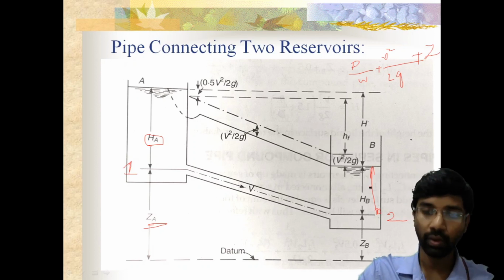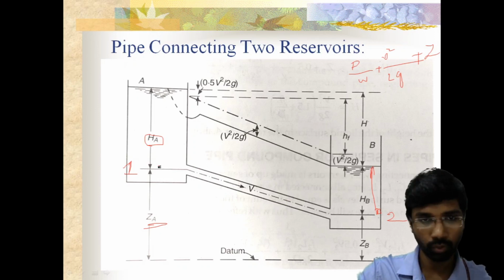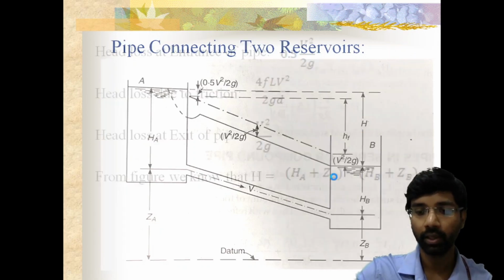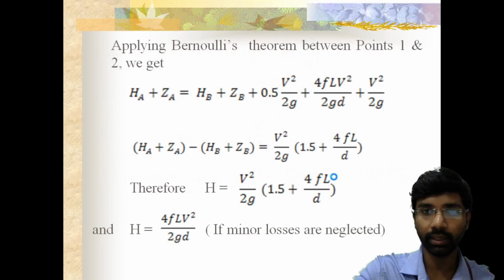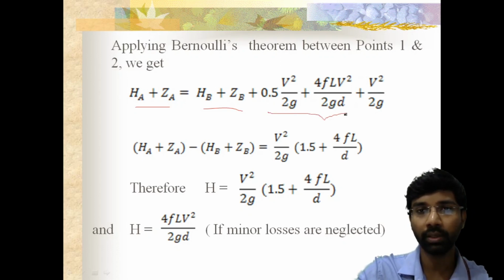If you apply Bernoulli's theorem between the two points, it is total energy at one point equal to total energy at another point plus head loss, that is nothing but H. What is capital H? HA plus ZA is equal to HB plus ZB plus capital H. This total one is capital H, nothing but entry loss, frictional loss, exit loss, right?